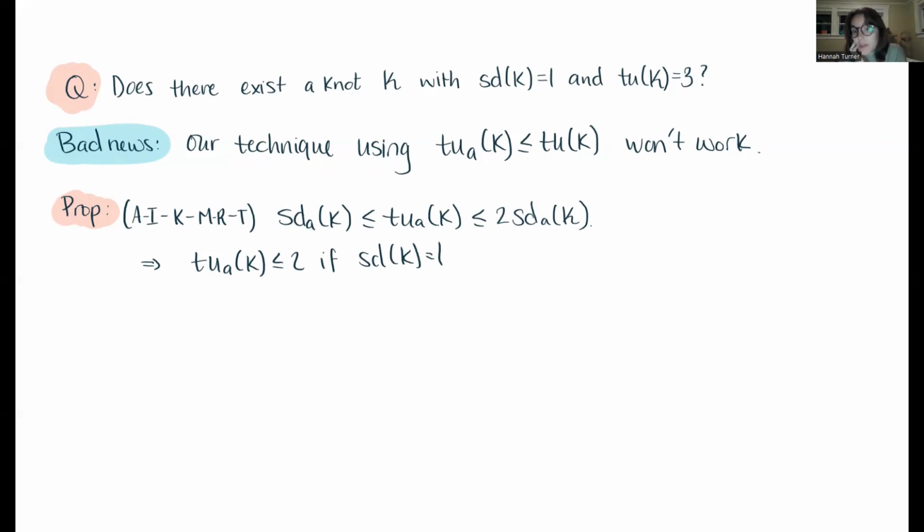And it's better than our previous bound. They can't be off by more than a factor of 2. And so if the surgery description number of our knot is 1, then the algebraic untwisting number can't be more than 2. So we could never use this to show that the untwisting number is at least 3.